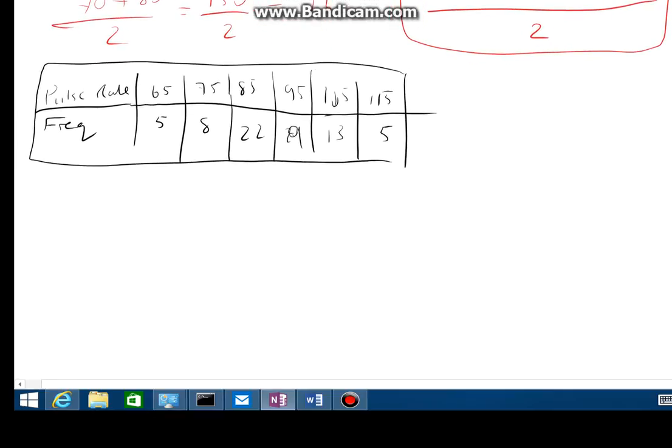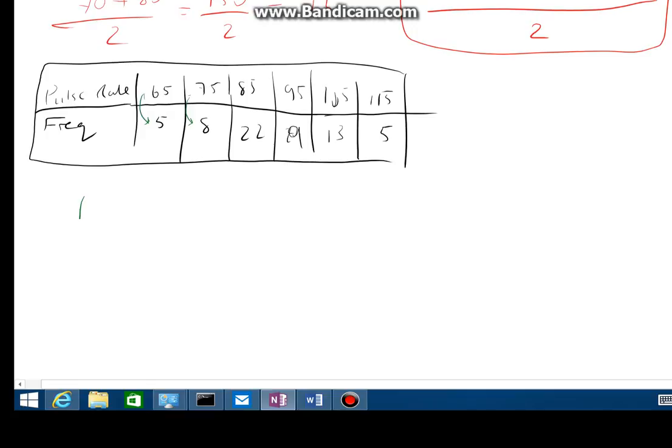So we should all know how to do this. In order to find the mean of this table, all we do is we multiply the pulse rate by the frequency, and then add this pulse rate by this frequency, add the next pulse rate, and so on, and divide it by the frequency.